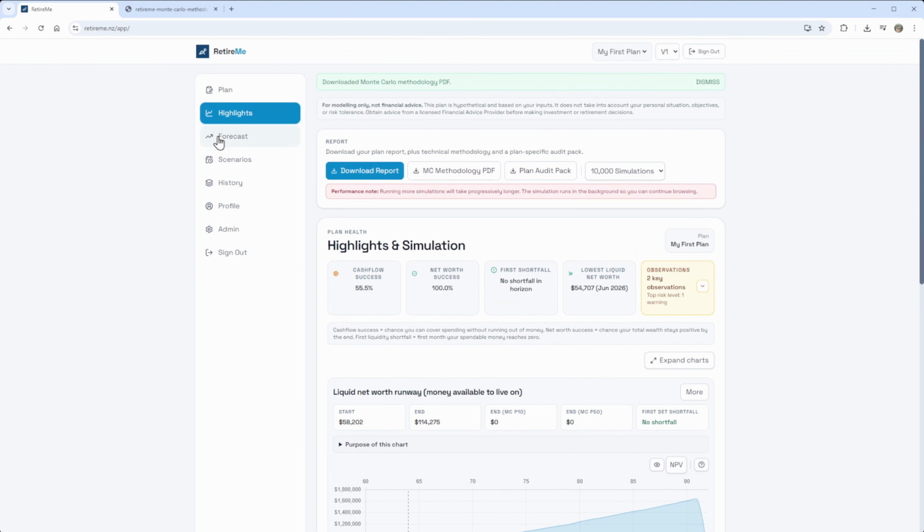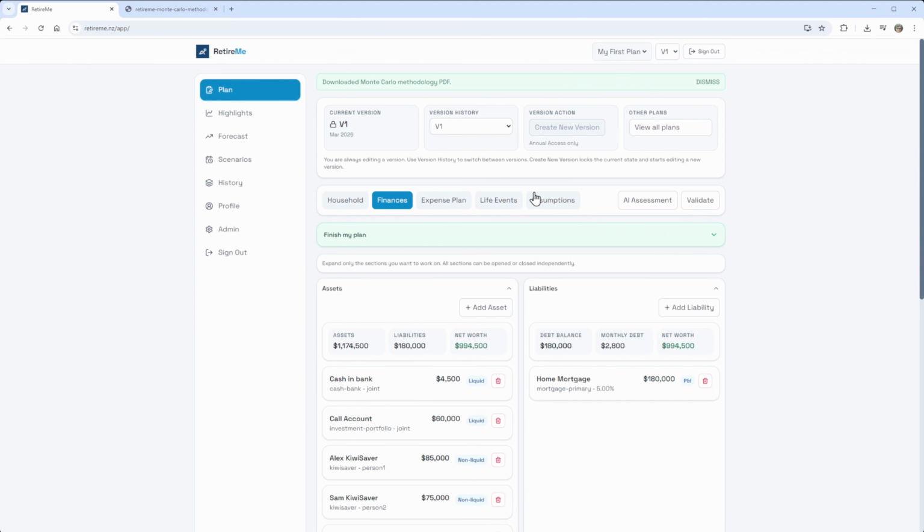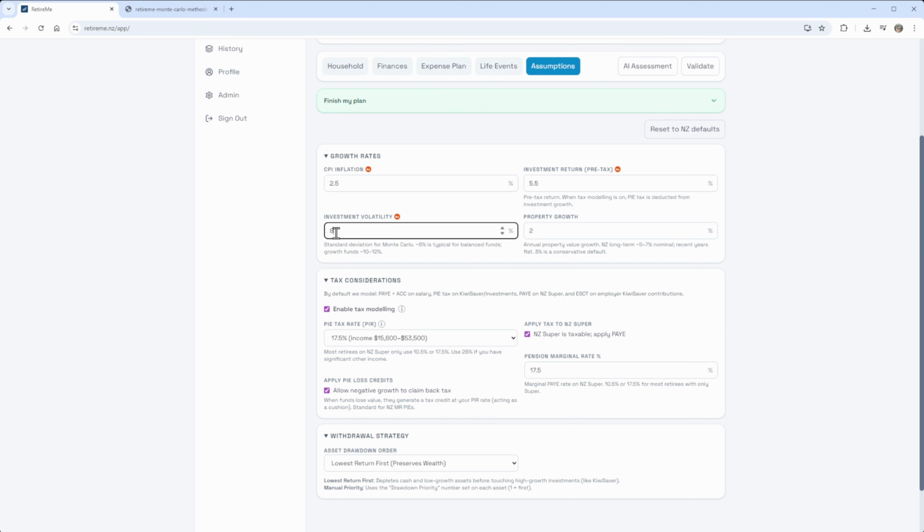One last quick point on volatility. Under our assumptions, there is a volatility percentage. This is what we use for Monte Carlo, 8%. It's typical. It's a plus or minus 8% volatility on your particular ratios and rates. You can modify this to go up if you're more aggressive in your funds. You can go up to 10 to 12%.